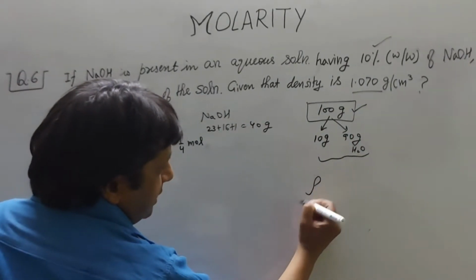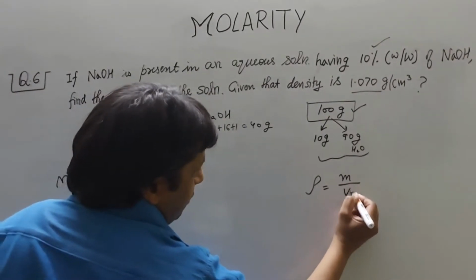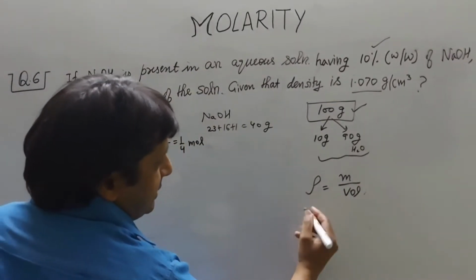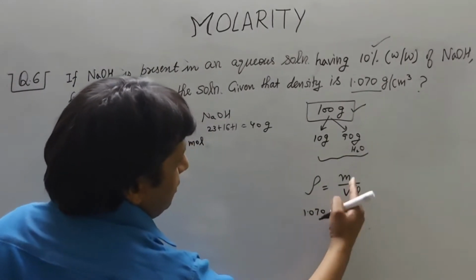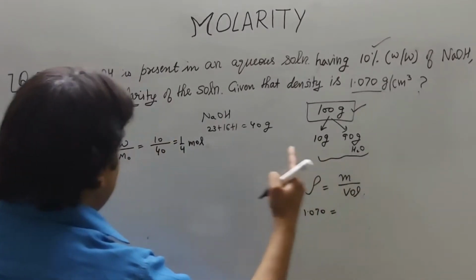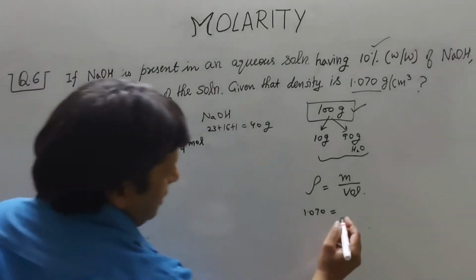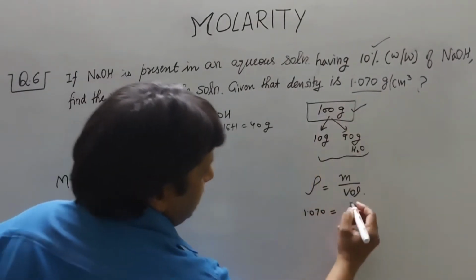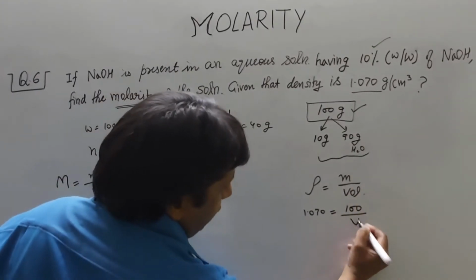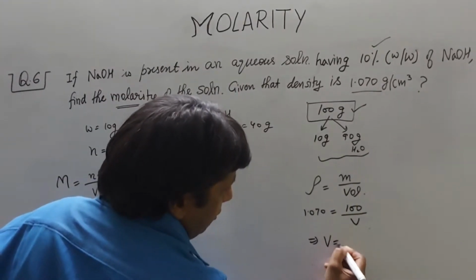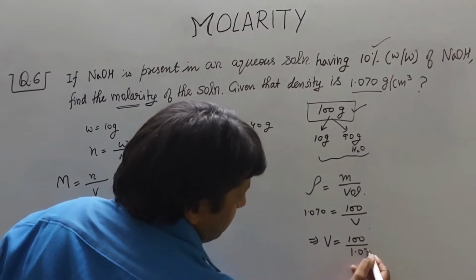We know density, represented by rho, is equal to mass upon volume. Density here given is 1.070. This is equal to mass, sorry, this is the mass of the solution, 100 gram, divided by volume we have to find. That is, volume is equal to 100 divided by 1.07.